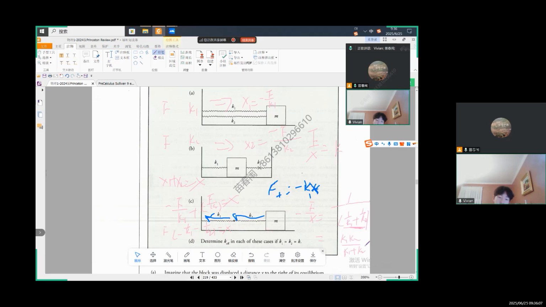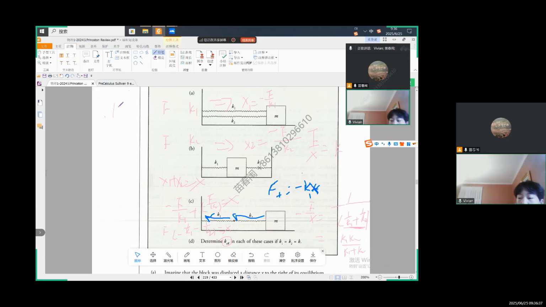So this would be the total, or you can say the K effective, K total. Eventually it's K1 times K2 over K1 plus K2, which is a little strange though. You see that this is similar to the one that we do in circuits. Have you?